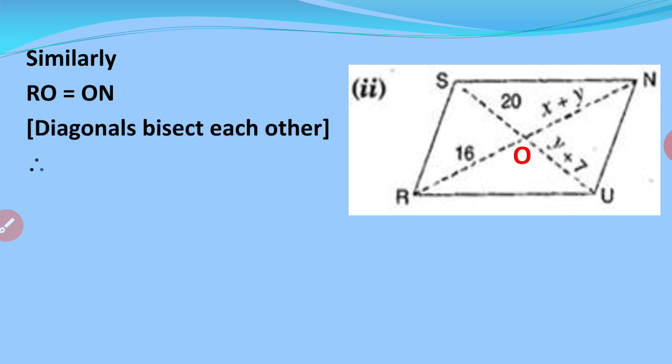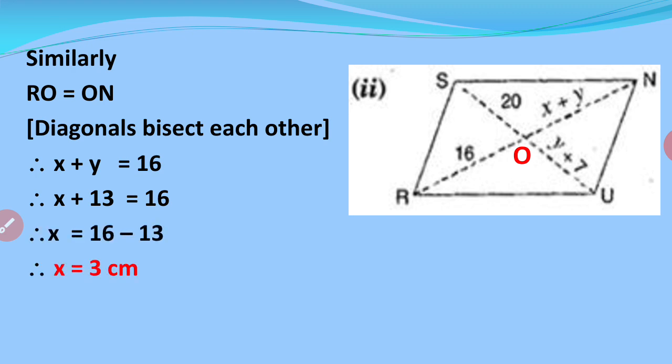So we'll say that x plus y is equal to 16. We already have found out the value of y, which can be substituted here. So x plus 13 is equal to 16. So x comes out to be equal to 3 centimeters. This is how we have found out the value of x as well as y.